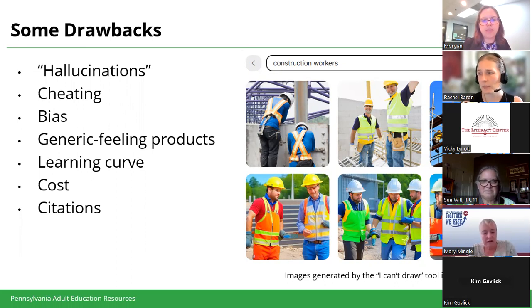Cost. So ChatGPT itself was released for free, but there's another version, ChatGPT 4, which is more advanced, and you have to pay to get that. And a lot of the other products that are going to be released, just like everything else, there might be a free version, but to really get the best, you're going to need to pay money. And so then we run into some equity issues there. This is going to be a really powerful tool that is not necessarily available to everyone.